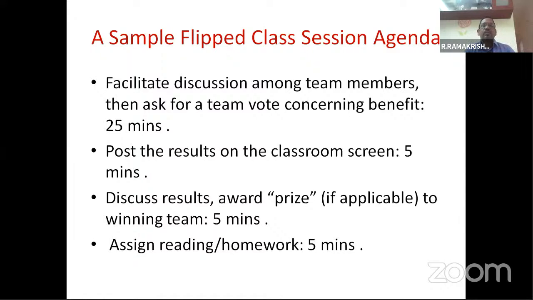The class hours have to be divided accordingly. It may vary from course to course, chapter to chapter, unit to unit, what part we have to discuss in class and what part out of class.